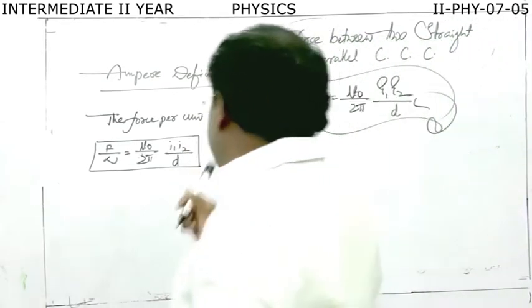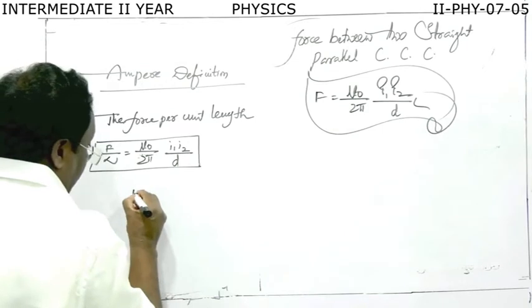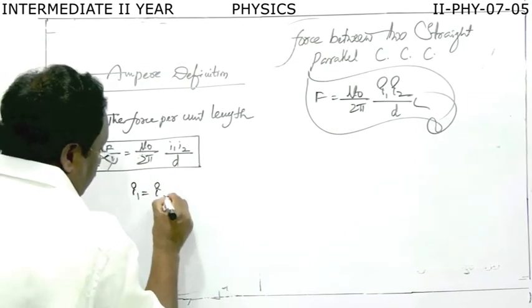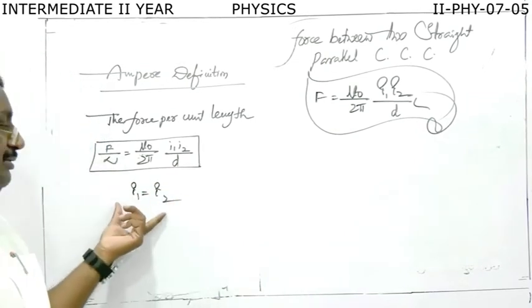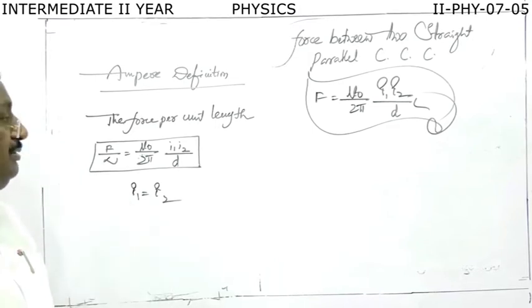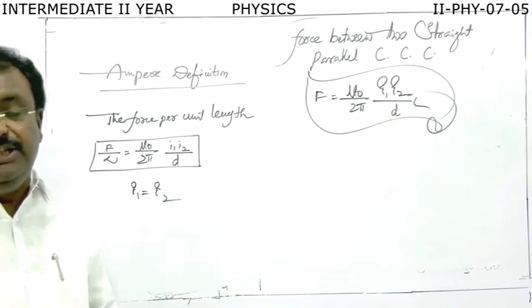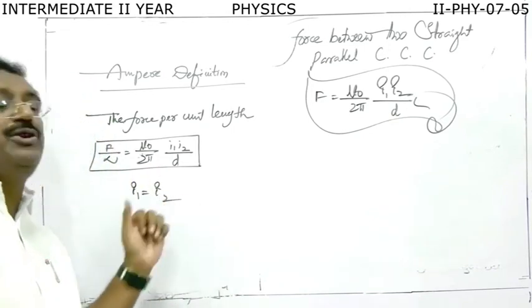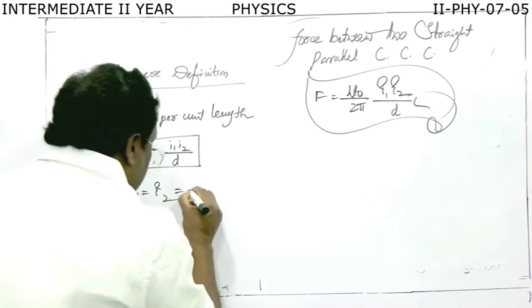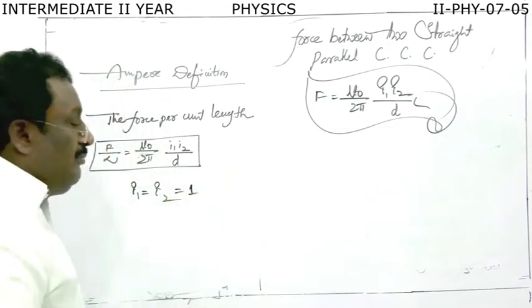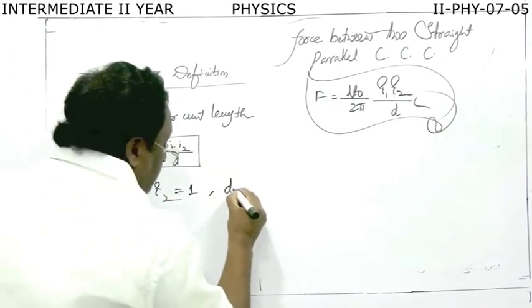Now here I1, I2 are there. What do you mean by I1 equal to I2? There are two straight parallel conductors, and in each of them the same current is passing, that is 1. And d is equal to 1 meter.